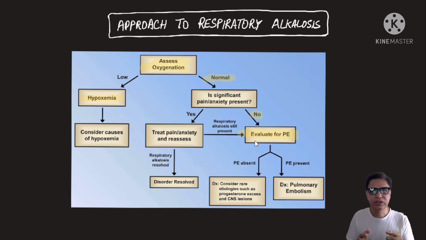If the pH and bicarbonate are moving in the same direction, either up or down, then it's a metabolic problem. The third thing is to look for compensation. Respiratory problems would be compensated by metabolic adjustment, and metabolic problems by respiratory compensation. If there is appropriate compensation, fine. If there is not appropriate compensation, then a secondary disorder might be present.